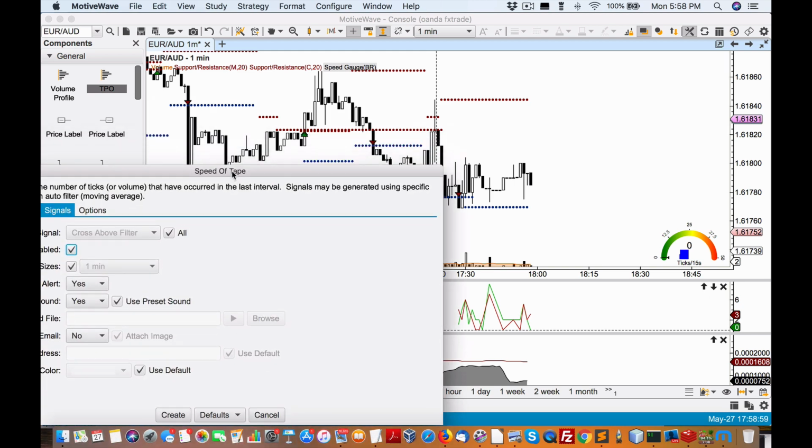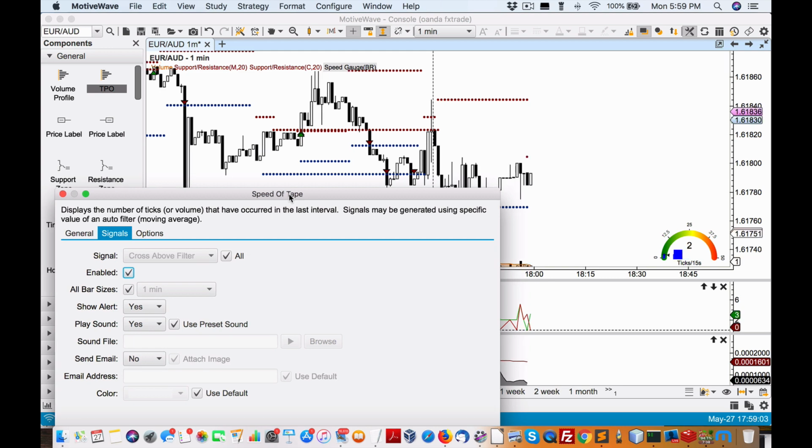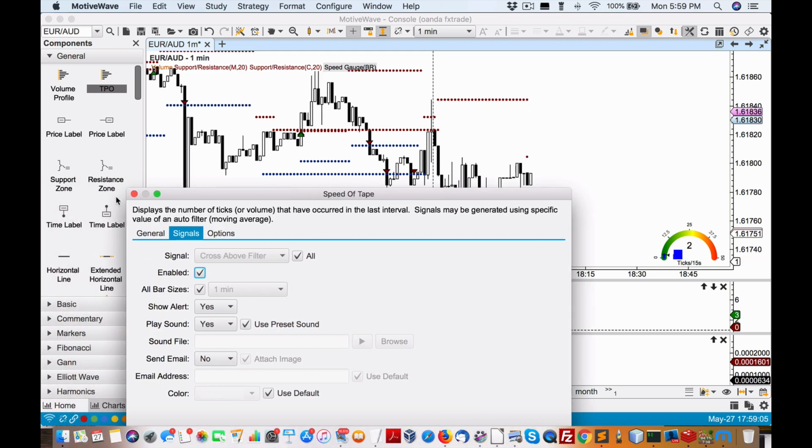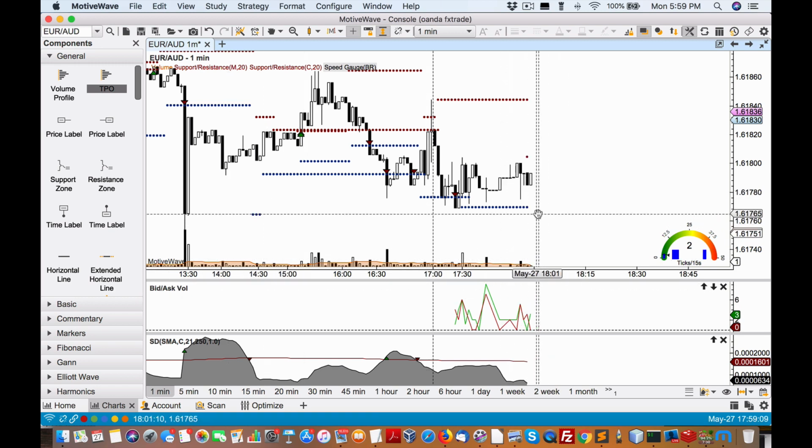So ticks at 15, number of ticks at 15 per second. So let me just get out of here. Let's just start watching this. Again, this is, so you have two ticks for every 15 seconds on that gauge. 1 second. So it is kind of working.